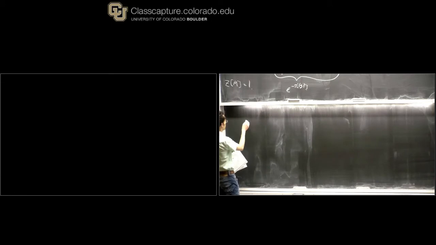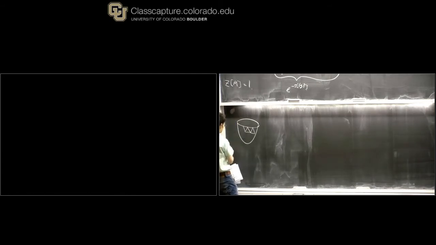Suppose I have some manifold with a boundary. How do I draw it? Suppose it's a two-dimensional manifold with a boundary, so d equals 2, and there are triangles going into here.